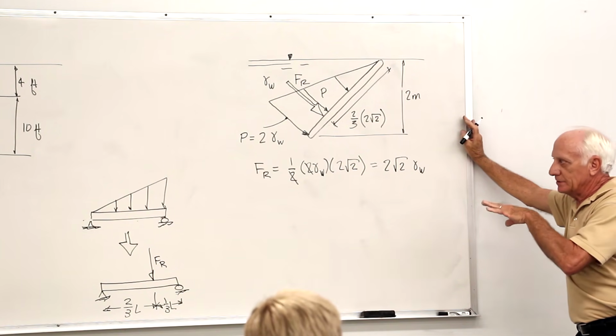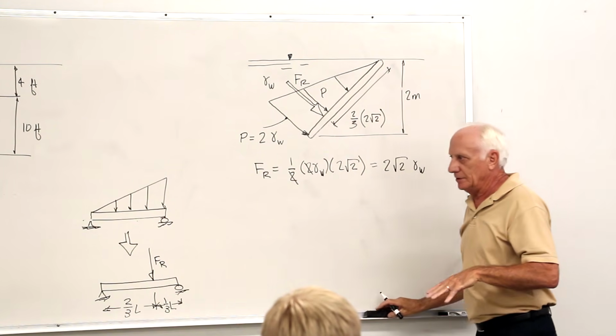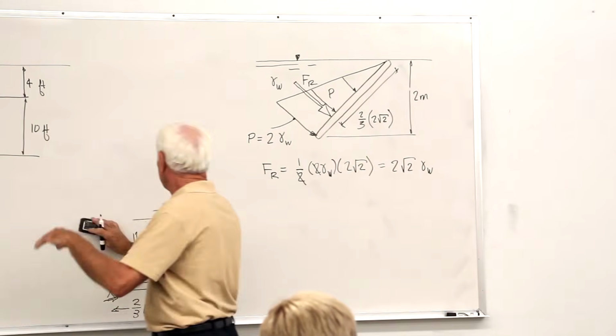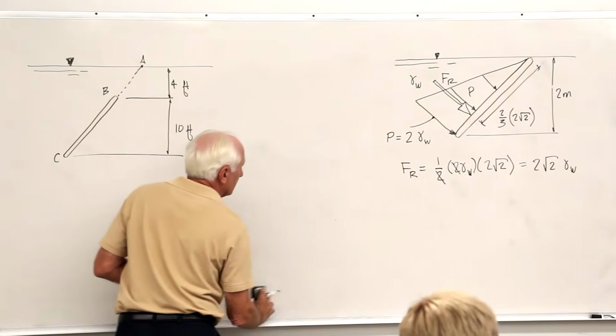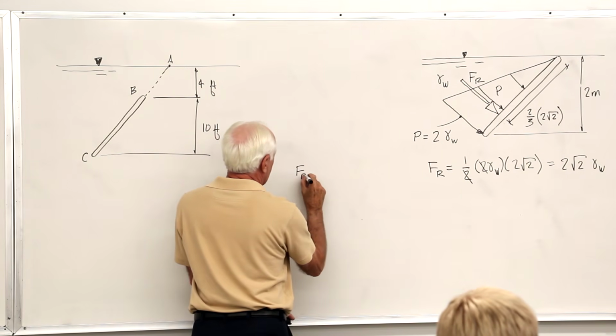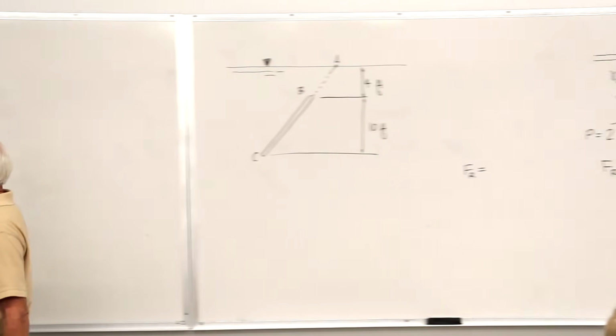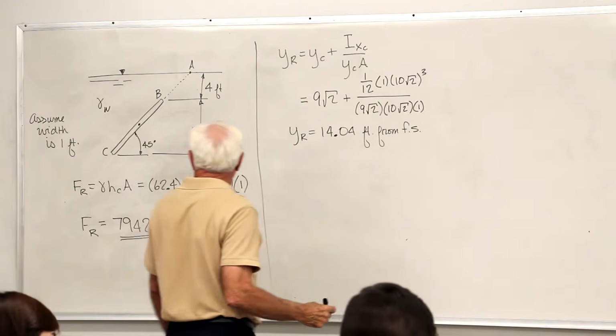Now, if you want to do this the old way, you can also do that the old way. Let's see, what would F sub R be? F sub R, let's go over here.